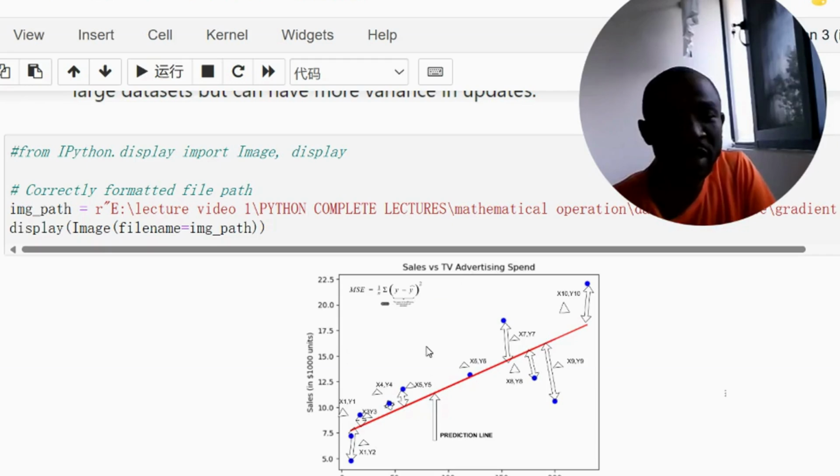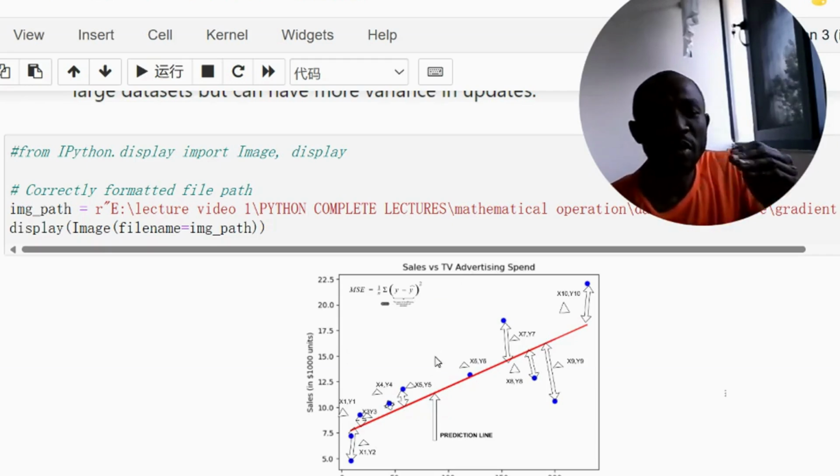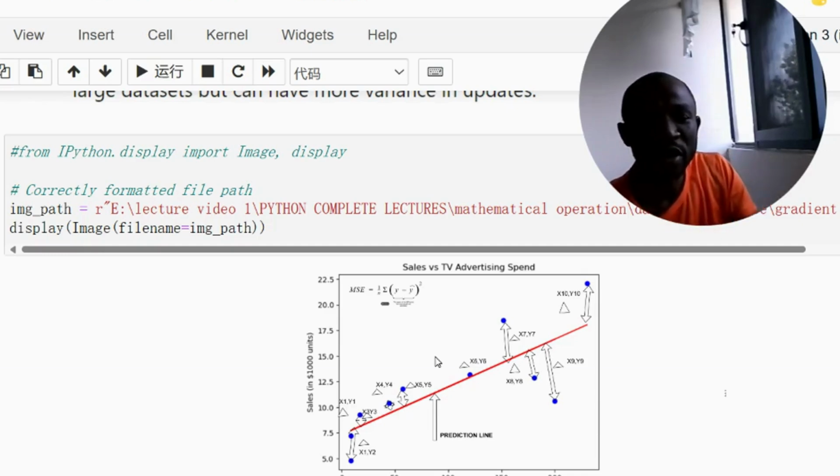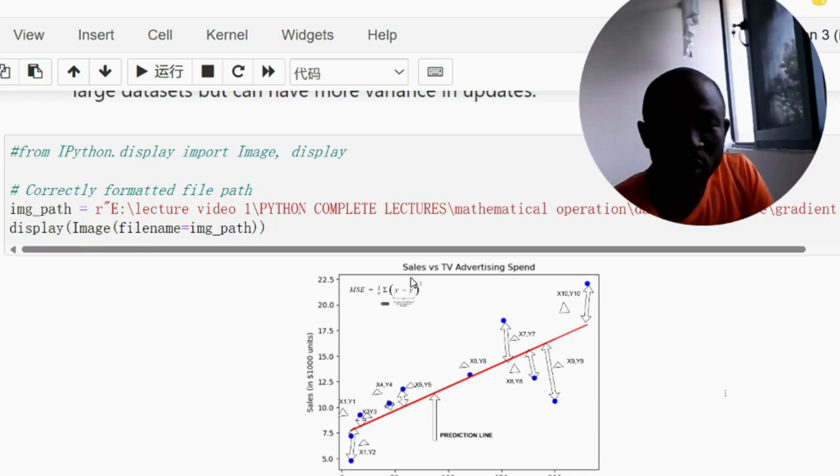So we wanted to predict the price. If we do more advertisement, are we going to gain in the company or are we going to lose?